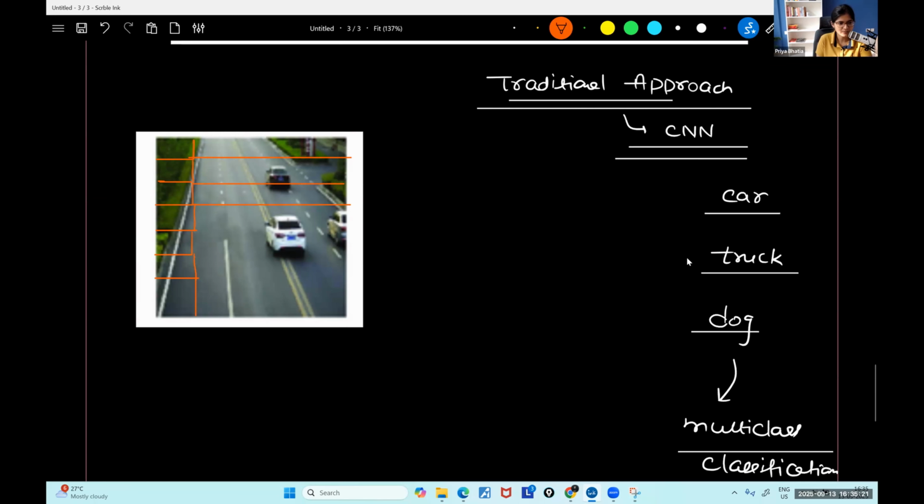They're just somehow picking up the samples of this specific image, and they're trying to create rectangular boxes, each having the same size.